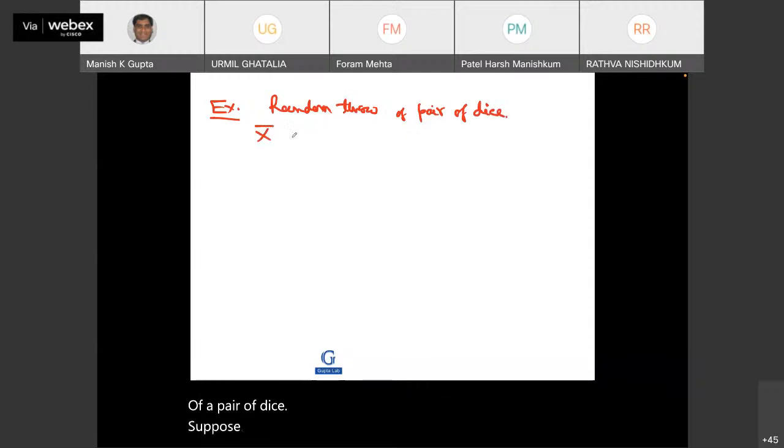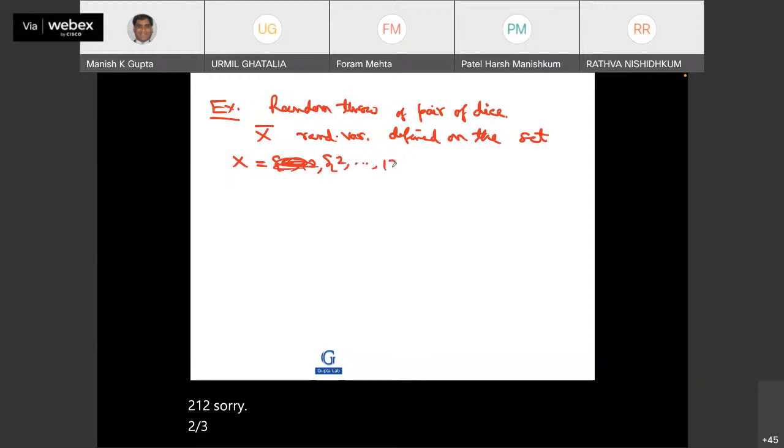Suppose X is the random variable defined on the set 2, 3, 4 and so on up to 12, obtained by considering the sum of two dice. These are all the possibilities, right?